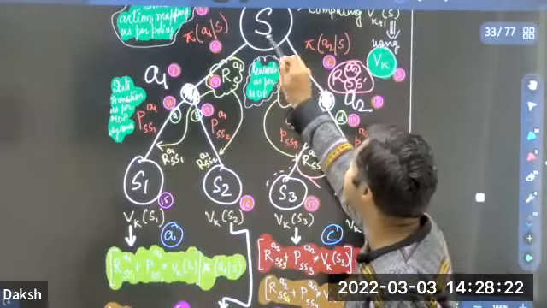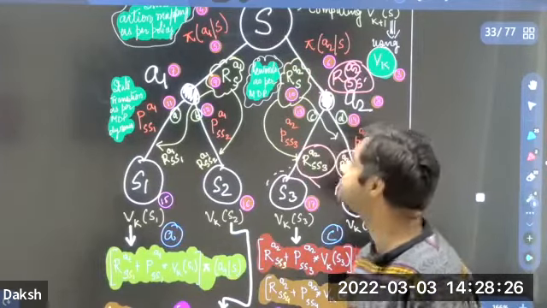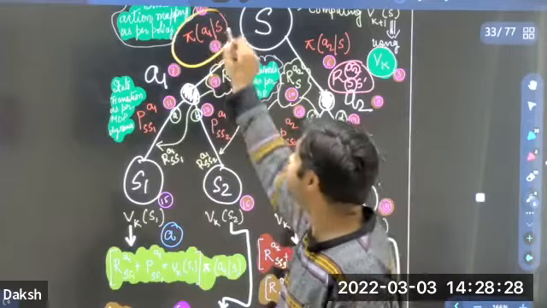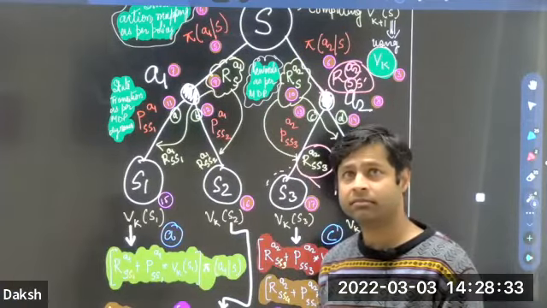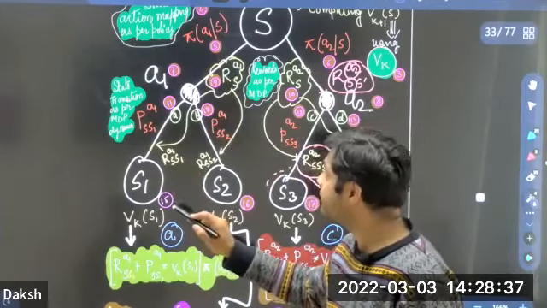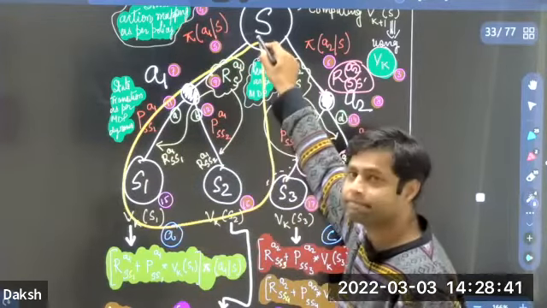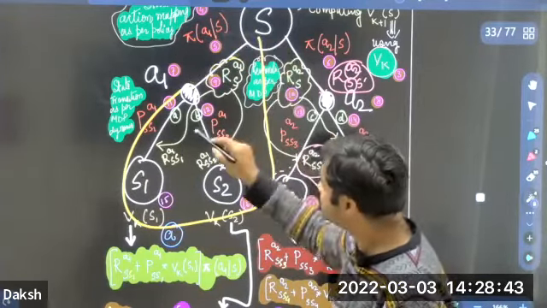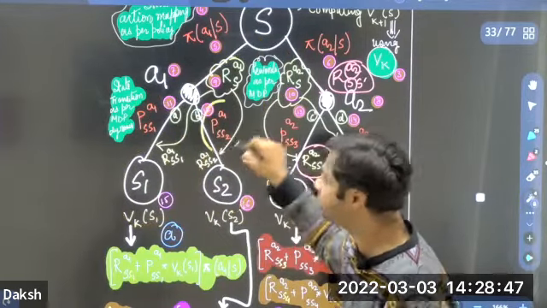At this state, with this probability, you will be going over here. With this probability, you will be going over here. With this probability, if you reach here, then you are in this subtree. Within that, with this probability, you will be over here. With this probability, you will be here.